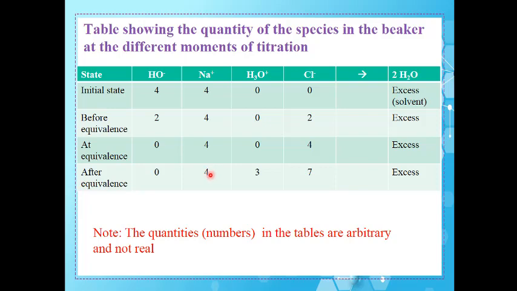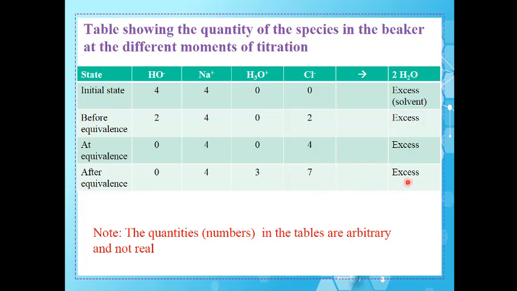Actually, it has to be 7, this one. No, sorry, it's 4. Excuse me, it's 4. And here it's H3O+ that is added. Now why 3? Because simply I have chosen 3. I might write 2, I might write 4, I don't care. So this is just the amount of H3O+ added from the burette, and here is 7, and definitely we have water.